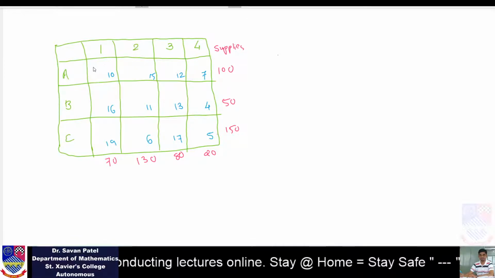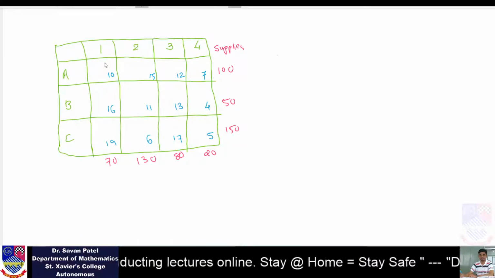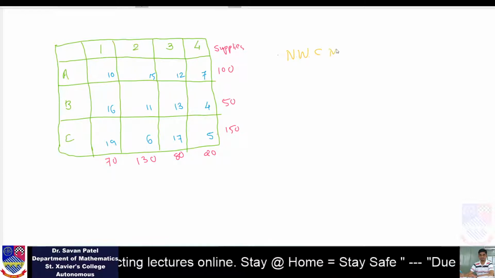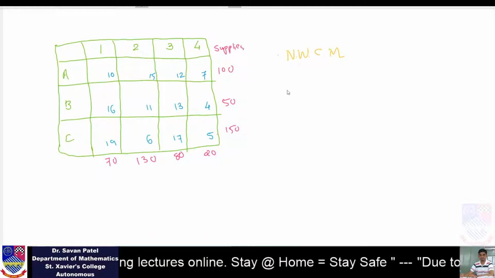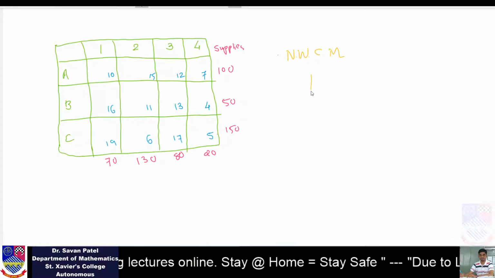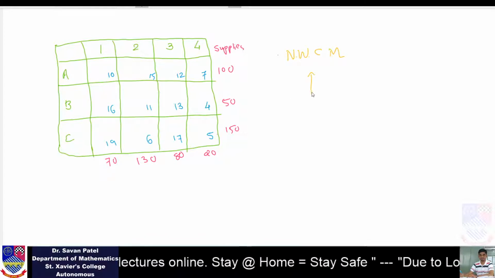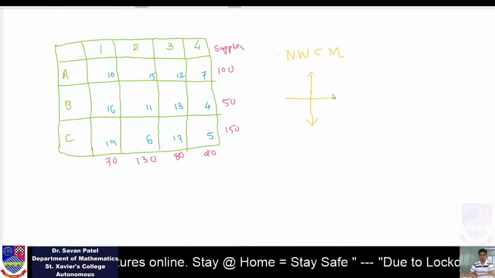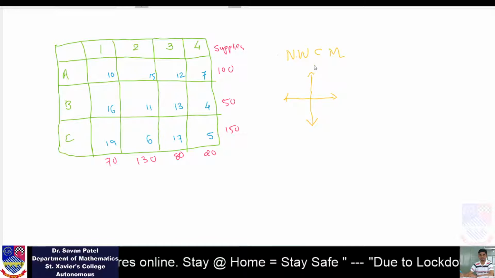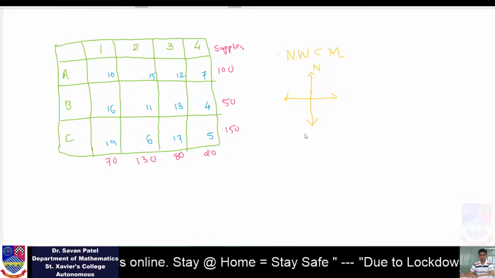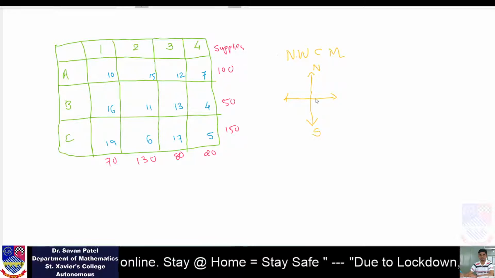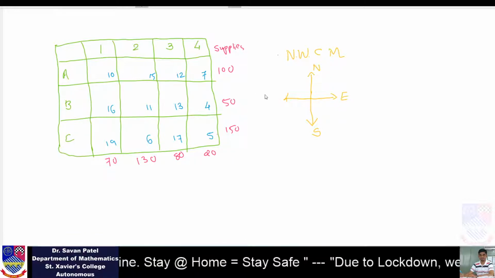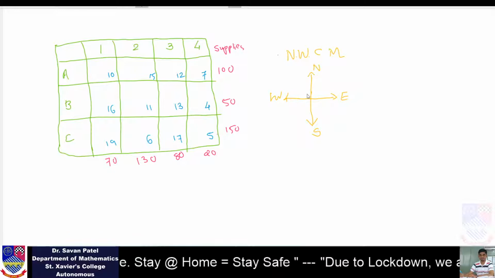Now I am giving you one method, the so-called northwest corner method. Why is it so called? In most maps, this is the north side, this is the south side, this is east, this is west.